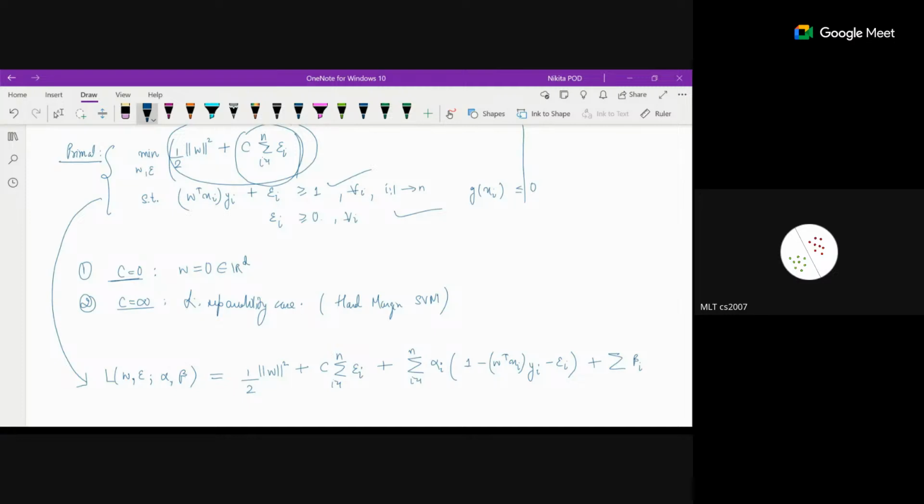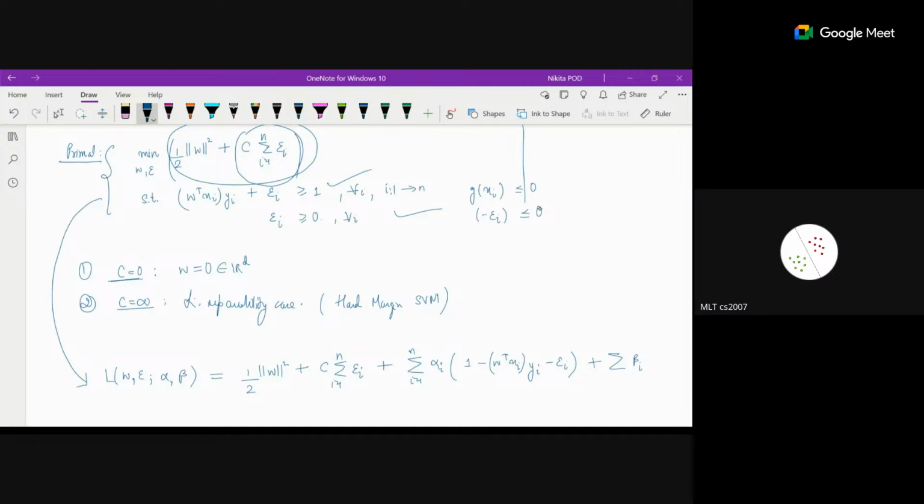So that is what we did here: 1 minus W transpose xi yi minus epsilon i is less than or equal to 0. Similarly here, minus of epsilon i is less than or equal to 0.